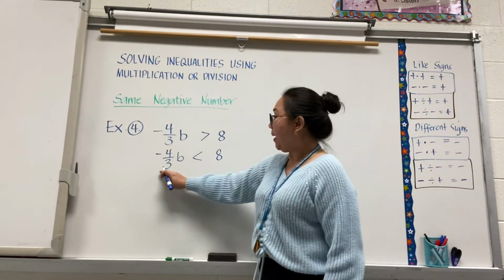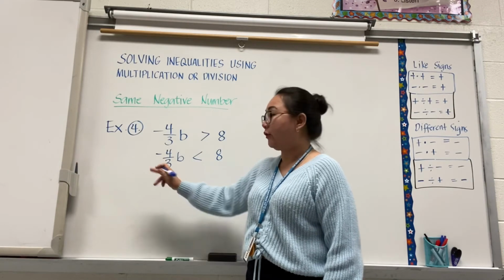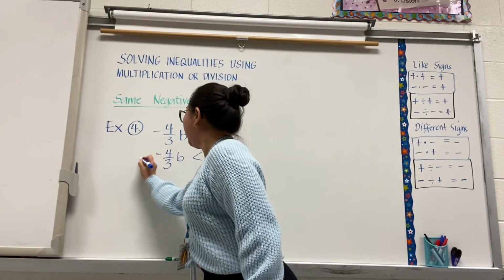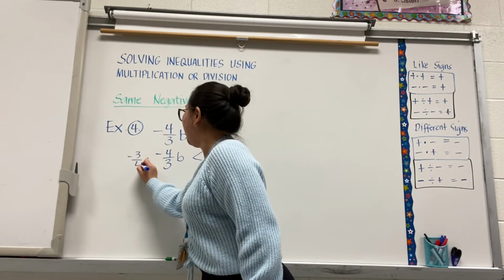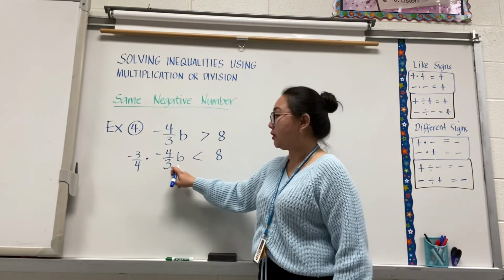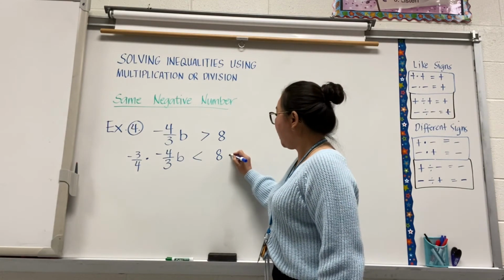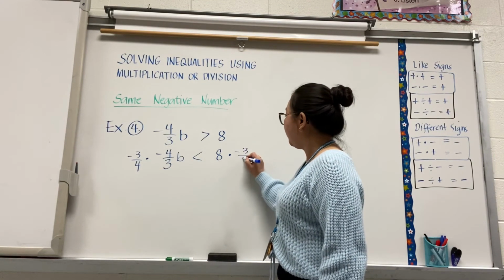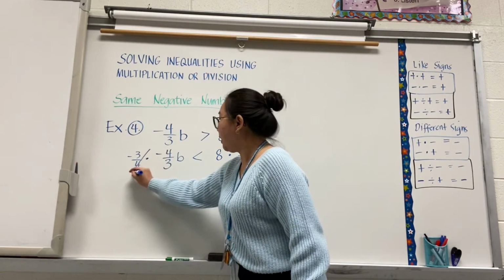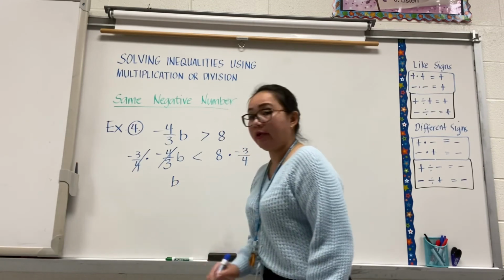And then multiply both sides by the reciprocal of negative 4/3. So here, negative 3/4. So negative 3/4 is the reciprocal of negative 4/3. So whatever you do here, do the same thing here. So multiply this also by negative 3/4. Then you can cancel this out. So b here is by itself.